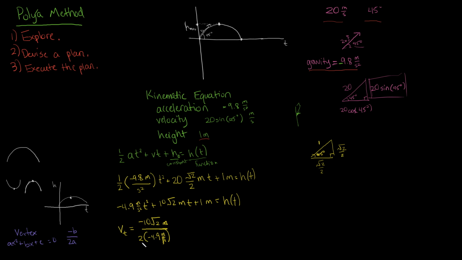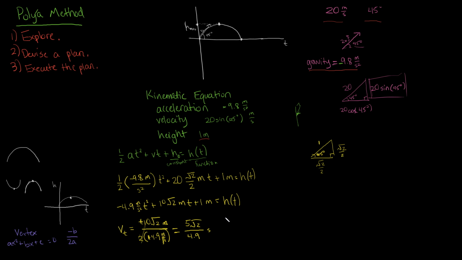So we find, okay, well, the 2 and the 10 here can cancel out, and so can the negative signs. So this becomes a plus, and the 10 goes to 5. So we get 5 root 2 divided by 4.9 seconds.